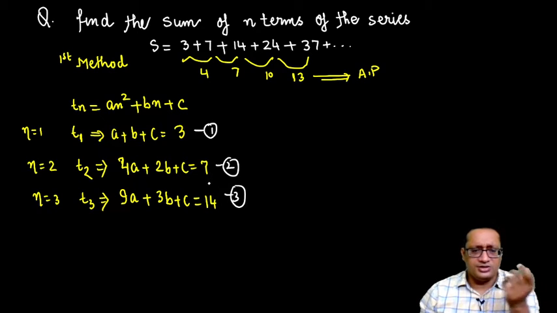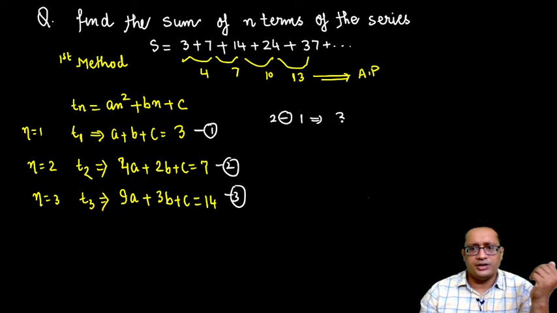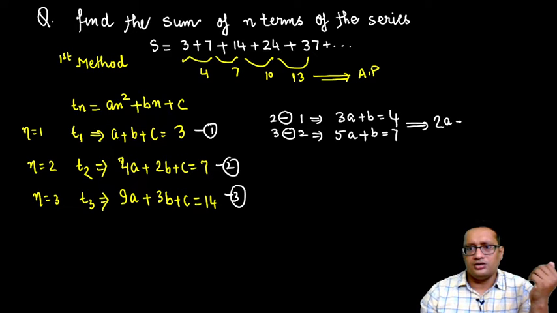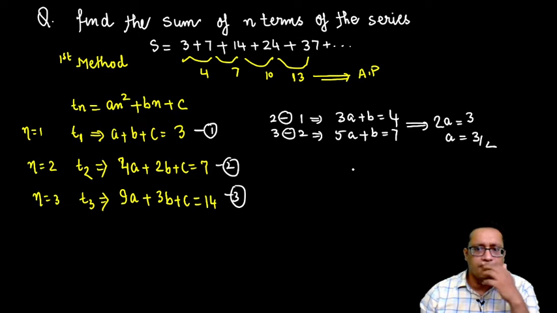Let's solve it. Second minus first: 3a plus b is equal to 4. Third minus second: 5a plus b is equal to 7. Subtract these, 2a is equal to 3, so a is equal to 3 by 2.